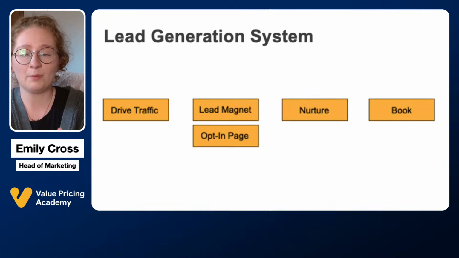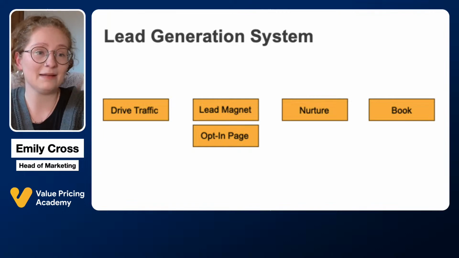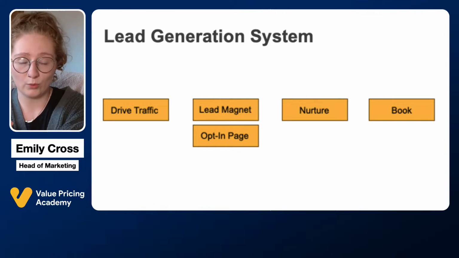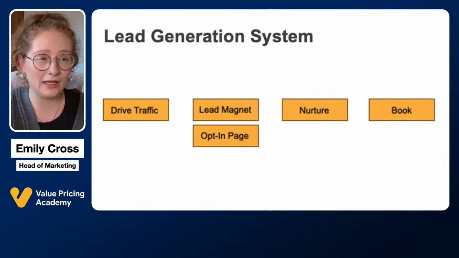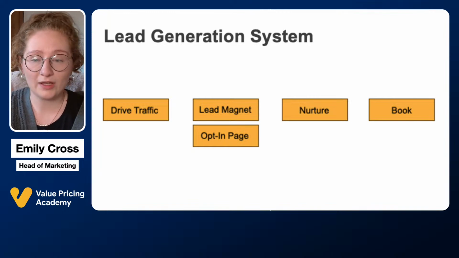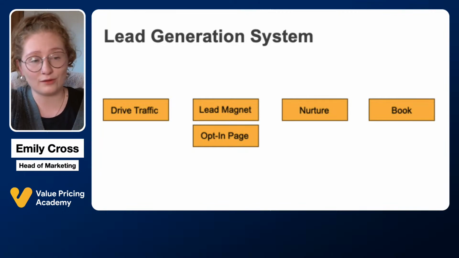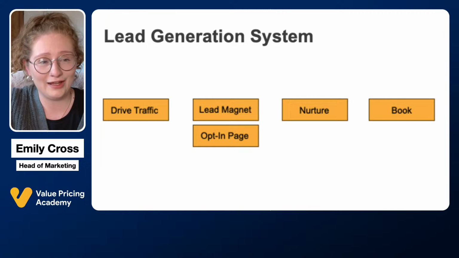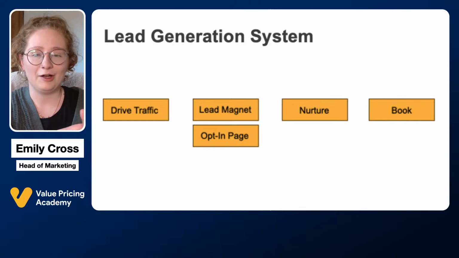If we see lots of people opt in, and we send emails out, and we track how many people open those emails, and we're getting a pretty low number of emails being opened, then that's going to affect the rest of the funnel down the line. If people aren't opening the emails, then they might not go and book.